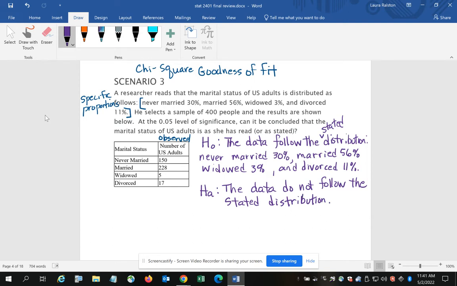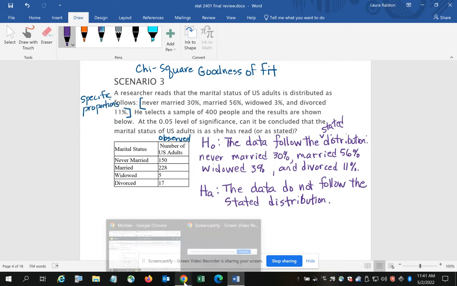And then we need to find our test statistic and corresponding p-value. In Minitab, which I went ahead and typed it in to save some time, you have to type in this information.